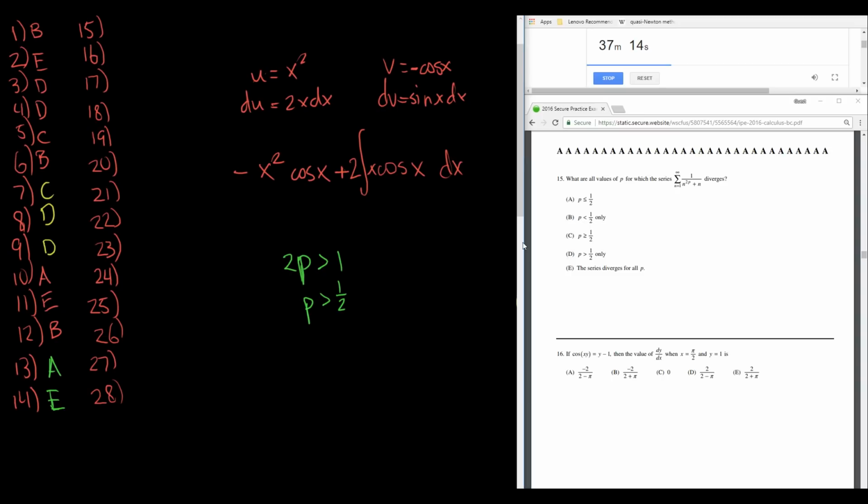Oh, actually, they're looking for diverges. So, yeah, again, read all the questions. So, actually, it's anything less than... Oh boy, I'm getting mixed up here. So, when 2p is less than 1, which implies that p is less than 1/2, then this will be less than or equal to 1.